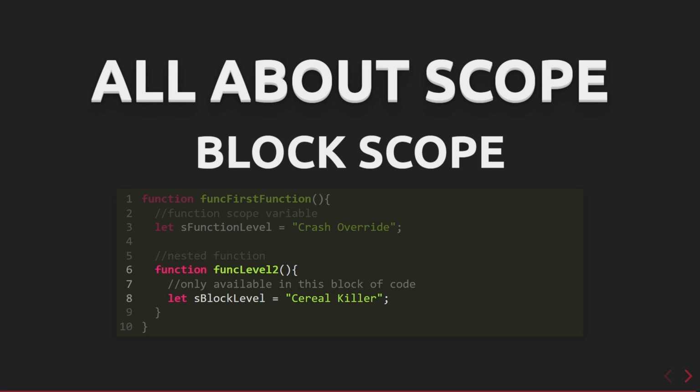Inside this function we have another variable called sBlockLevel, and that equals serial killer. This sBlockLevel variable is only available inside funcLevel2. If you tried to print sBlockLevel in the funcFirstFunction, you will get an error as it was not declared in that scope.